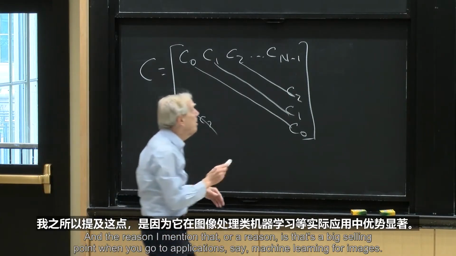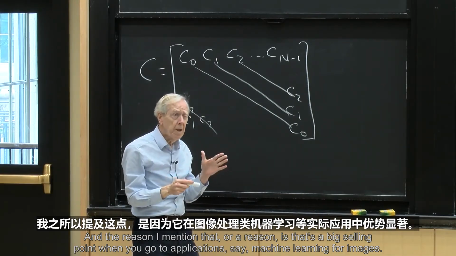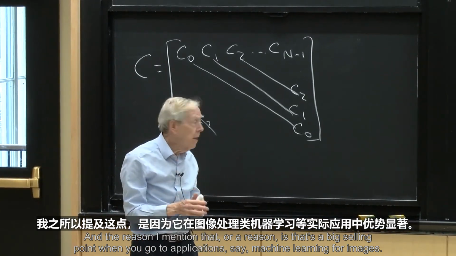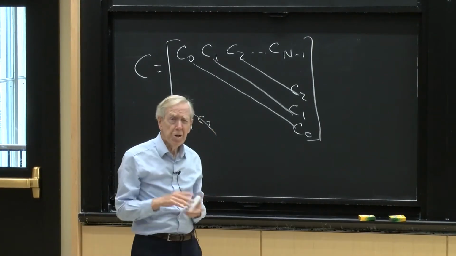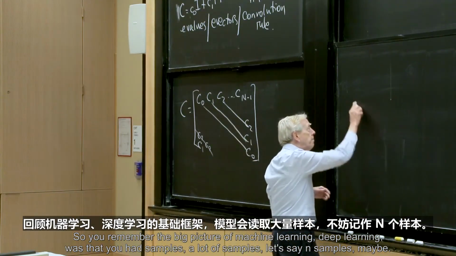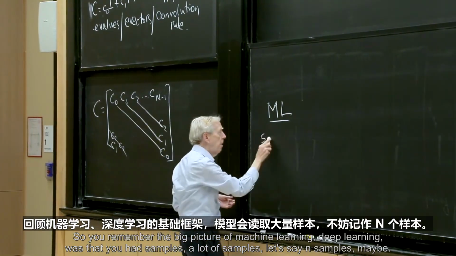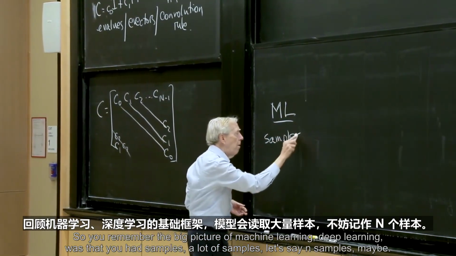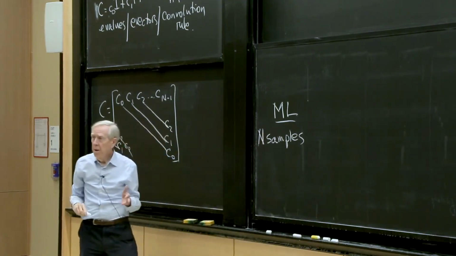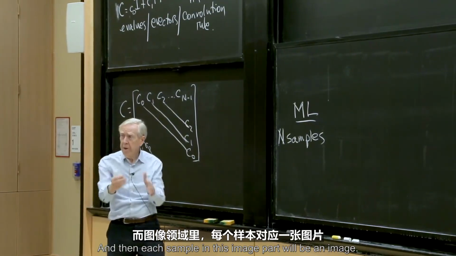And the reason I mention that, or a reason, is that's a big selling point when you go to applications, say machine learning, for images. So you remember the big picture of machine learning, deep learning, was that you had samples, a lot of samples, let's say n samples, and then each sample in this image part will be an image.